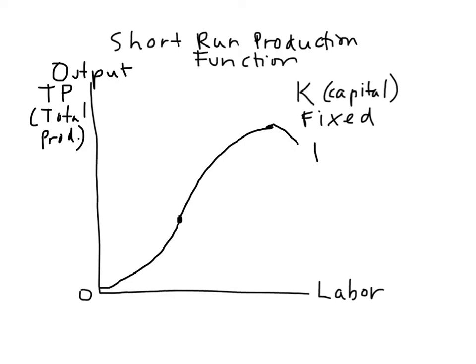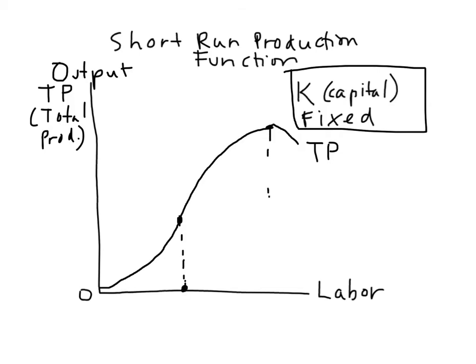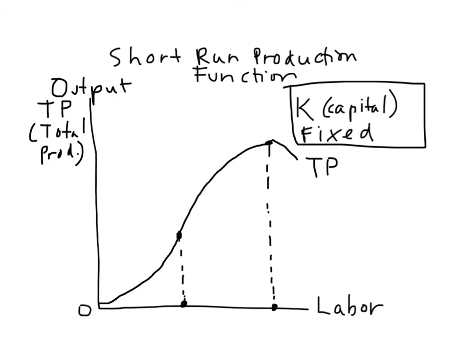So I'm going to call this TP, this curve. And we'll just put this as a box so we get it out of the way. Okay, there. All right, so I'm going to draw some dotted lines down from those points that we just highlighted so that we can mark those for later. And here we go. Okay. Now, let's show you how this graph relates to the graphs for marginal product and average product.